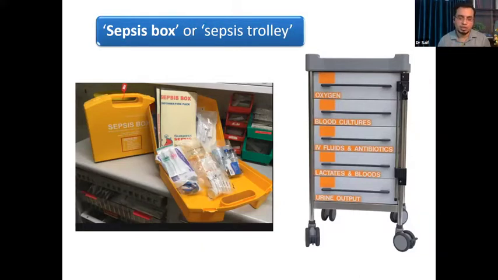You can keep a few ampules of noradrenaline and adrenaline, a few syringes, needles, IV sets, and all these things are going to be there in the sepsis bag or sepsis box, especially in peripheral hospitals.